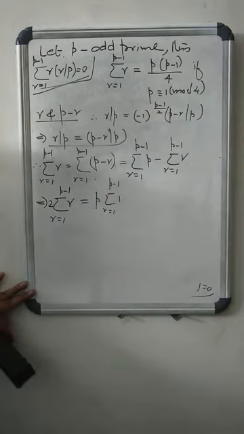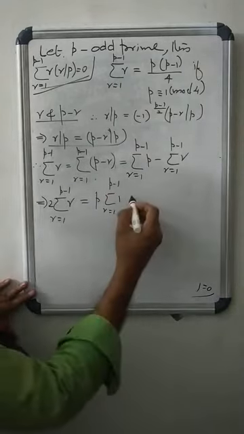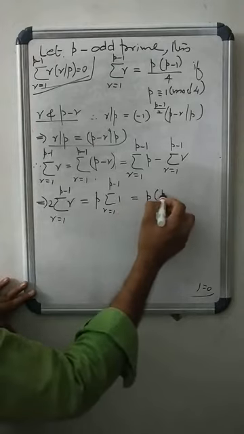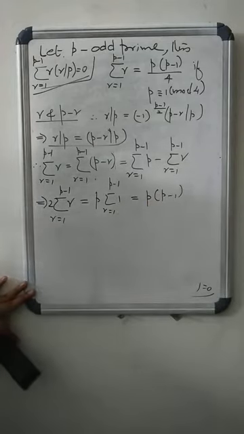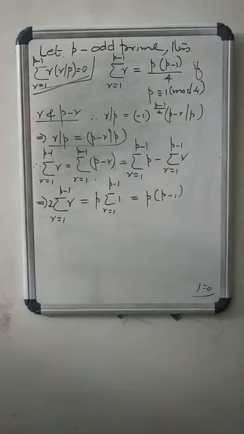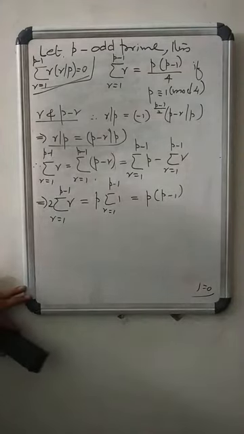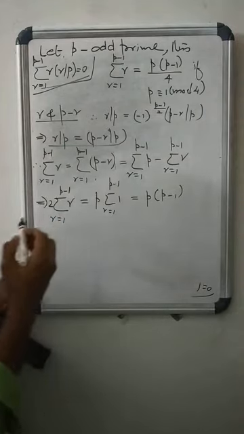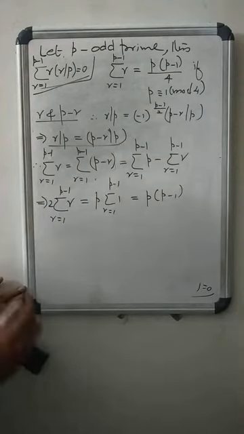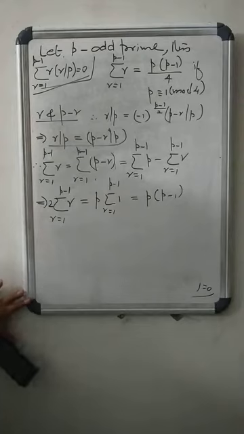Addition of 1, p minus 1 times, equals p into p minus 1. So it is p into p minus 1 by 2.